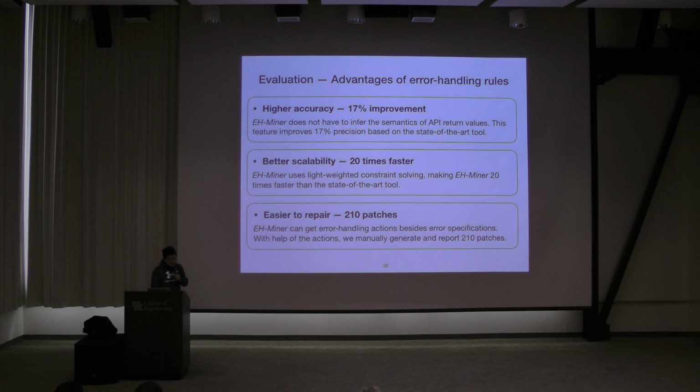The second is better scalability. Each miner uses lightweight constraint solving, which makes it about 20 times faster than the state of the art. The third one is easier to repair because we can get error handling actions besides the error specification.